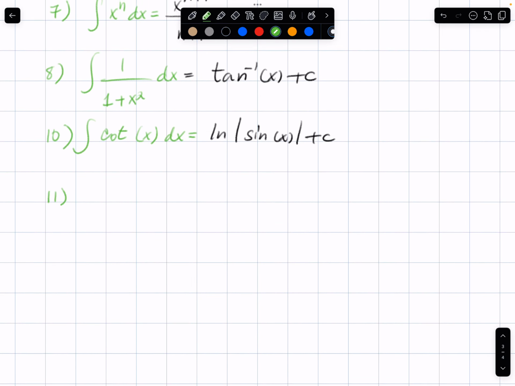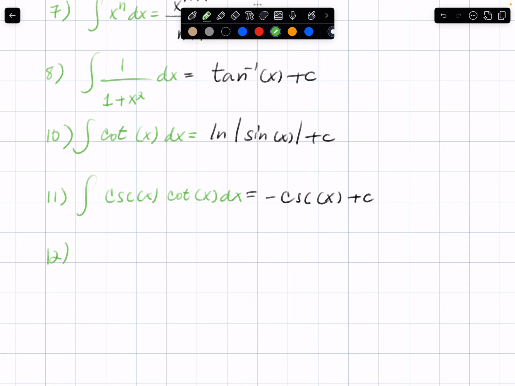Number 11, the integral of cosecant times cotangent. I don't know what I'm saying. I don't know if it's because I'm tired and it's the middle of the night and I can't sleep. I'm just saying weird stuff. But anyway, we'll be okay. We're almost there. This will turn into the negative cosecant of x plus c.